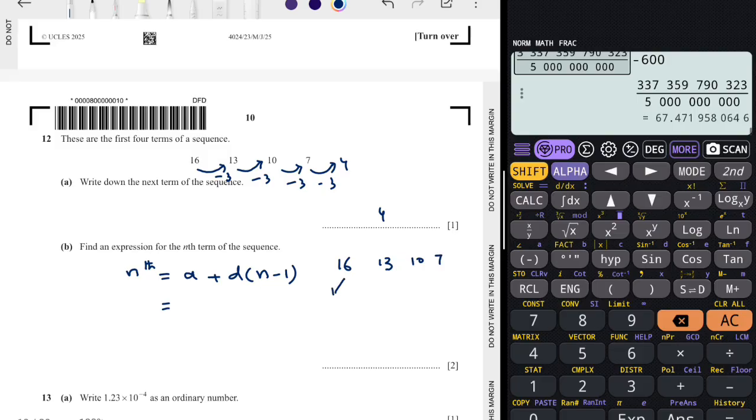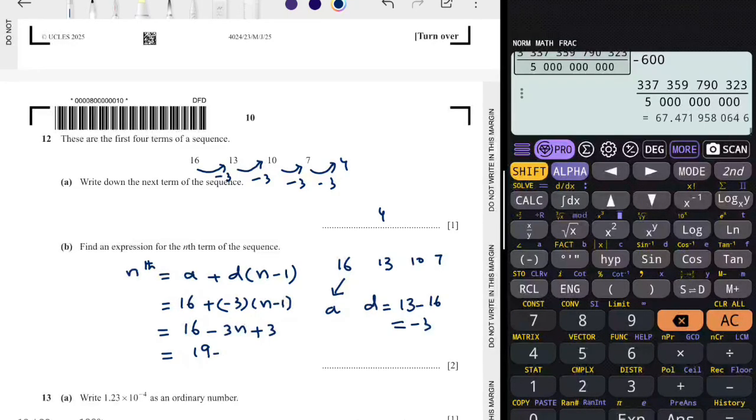So a is 16 and d is the difference of the second value minus the first value, that is minus 3. So we plug in values: 16 plus minus 3 times n minus 1. So it would be 16 minus 3n plus 3. The answer would be 19 minus 3n.